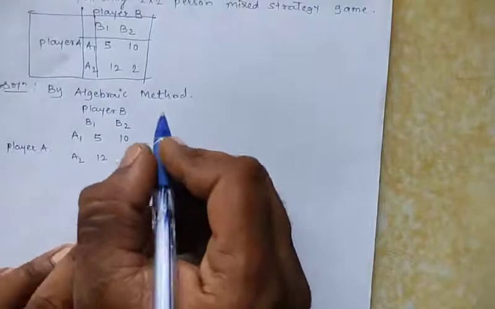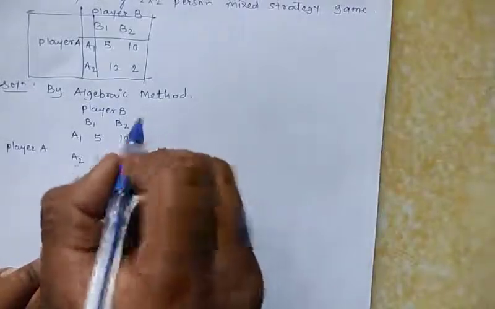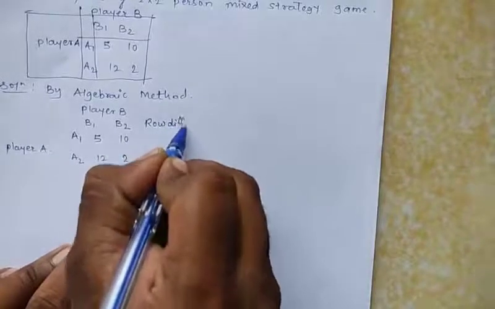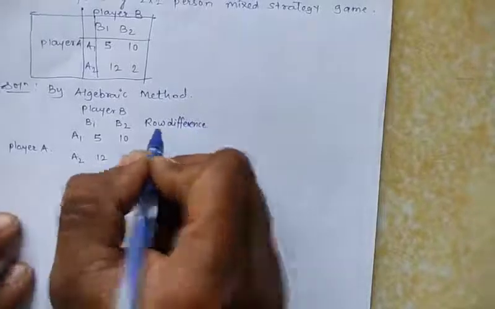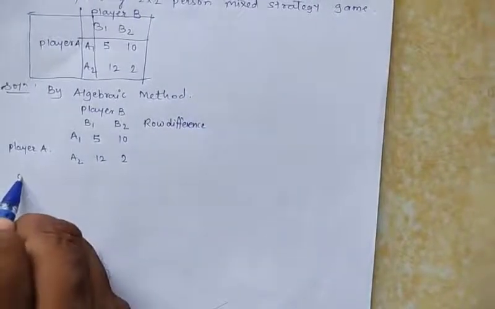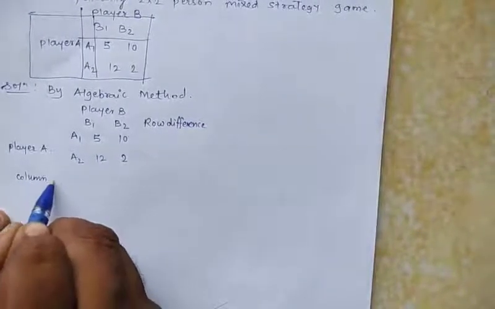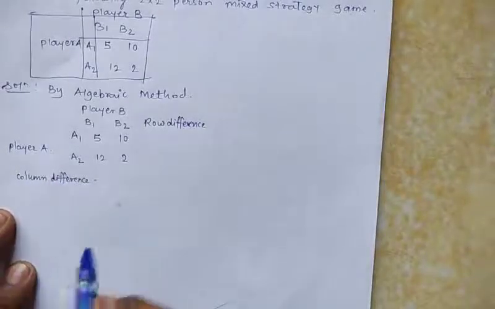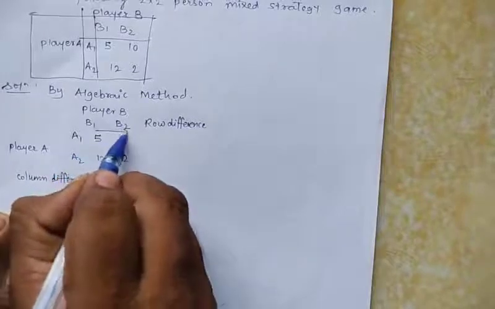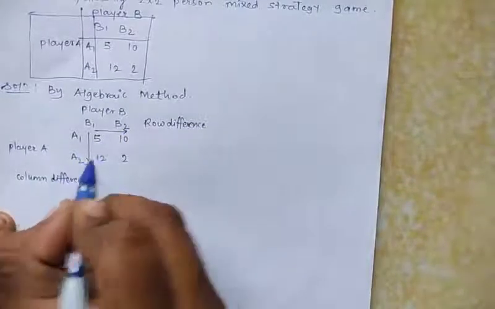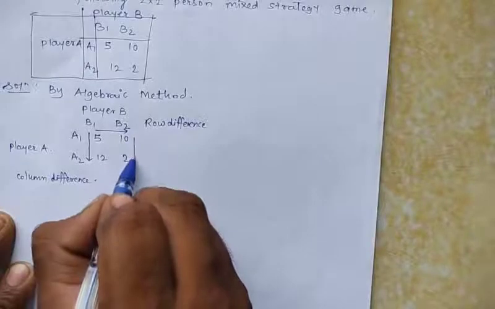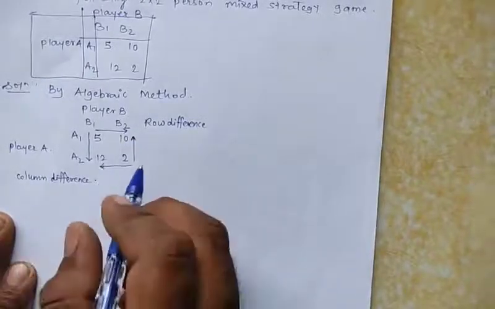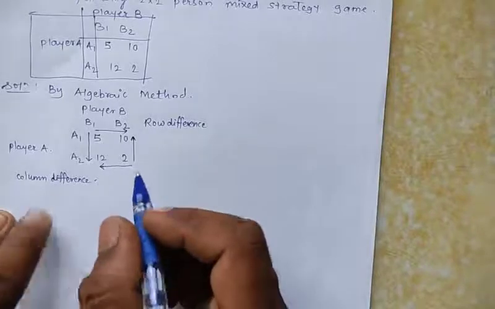Now, how to take the difference? First take the row difference, and next the column difference. I will make arrows here.